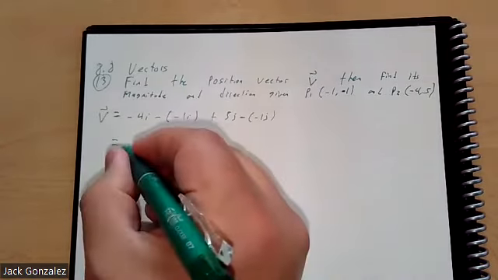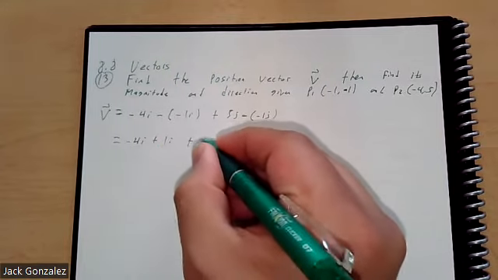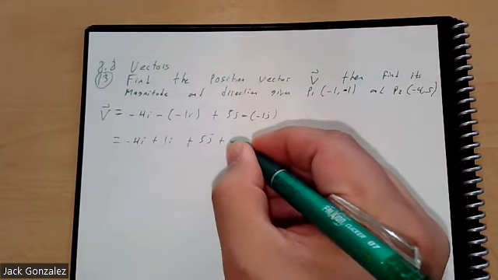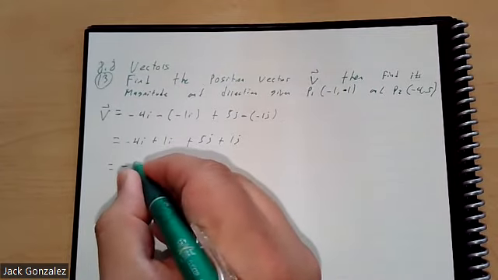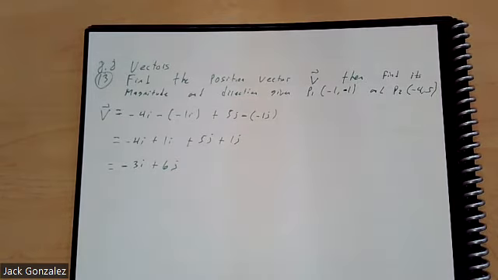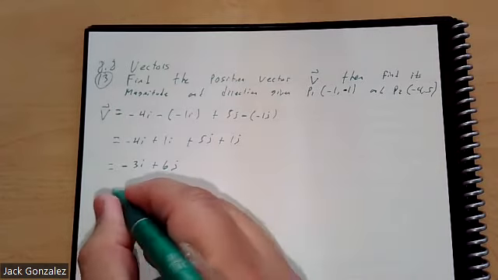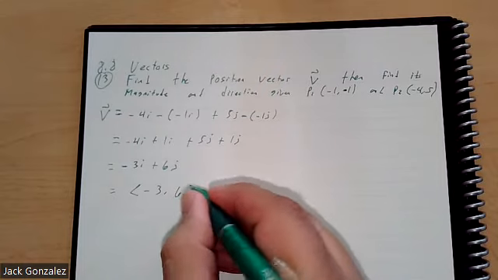Okay, so that'll be -4i plus 1i plus 5j minus 1j. So this is -3i plus 4j, which is the same, if you prefer, (-3, 4).